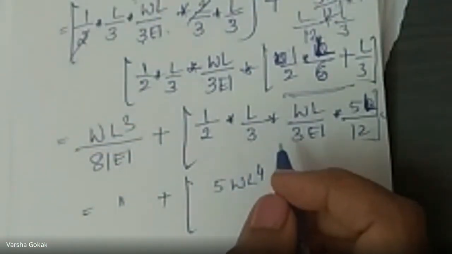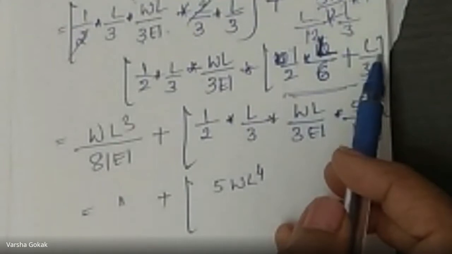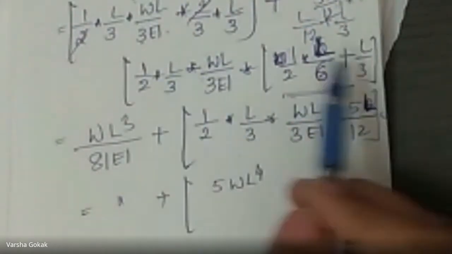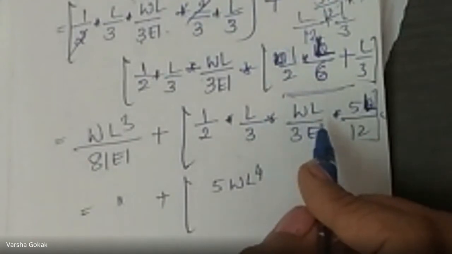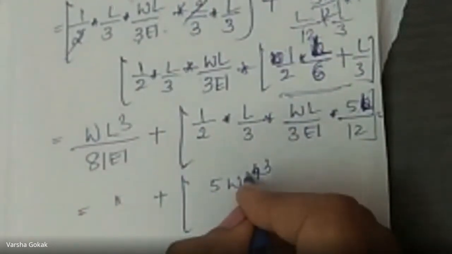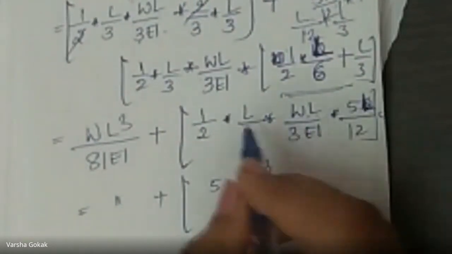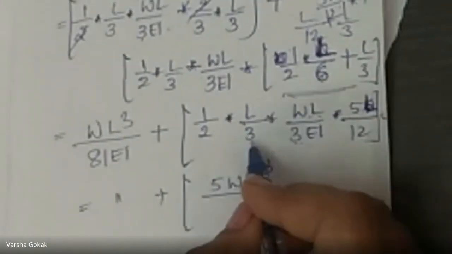Is it WL raised to 4? You're getting the same answer, all of you? WL into L. Extra L I have got somewhere. No, L raised to 3. 5 W L raised to 3 divided by 12 into 3 into 3 into 2.